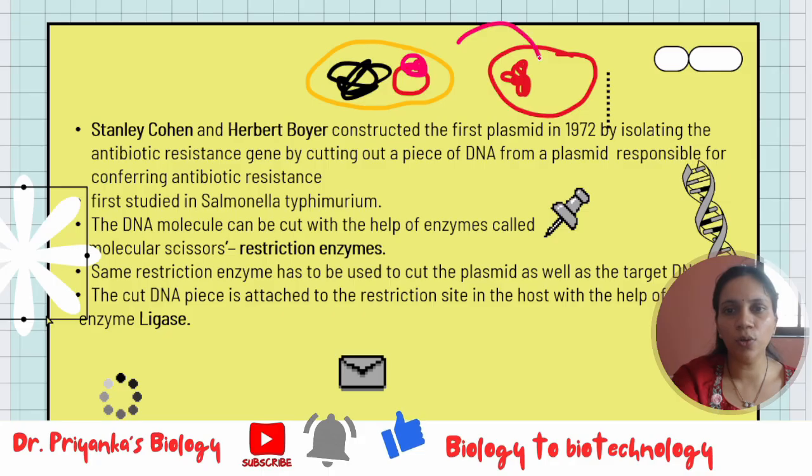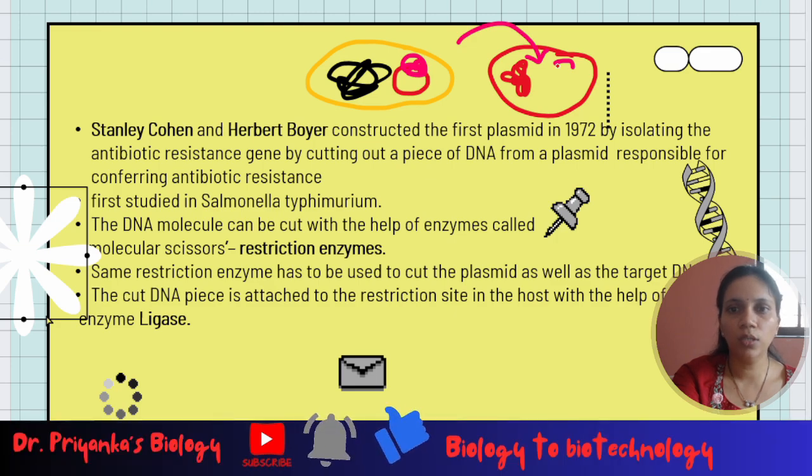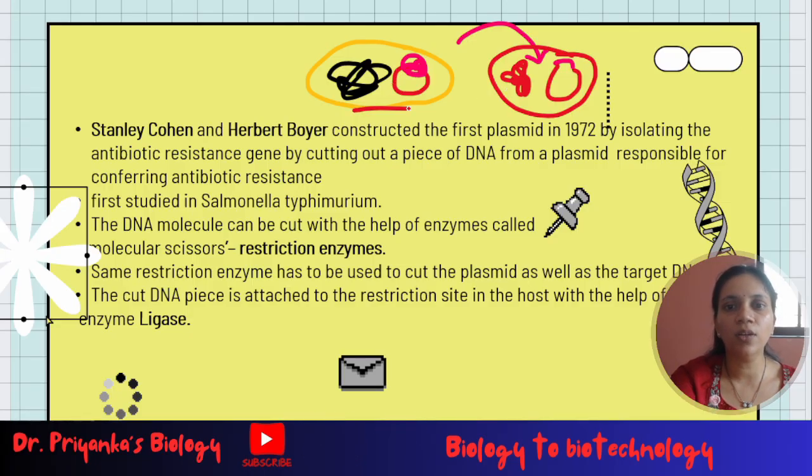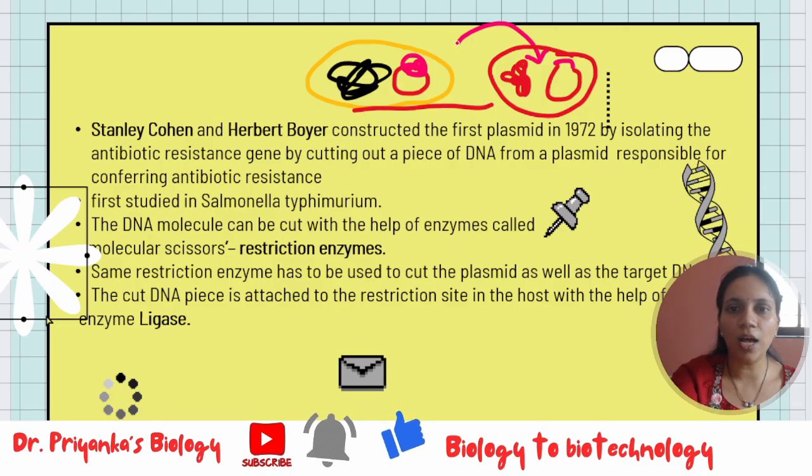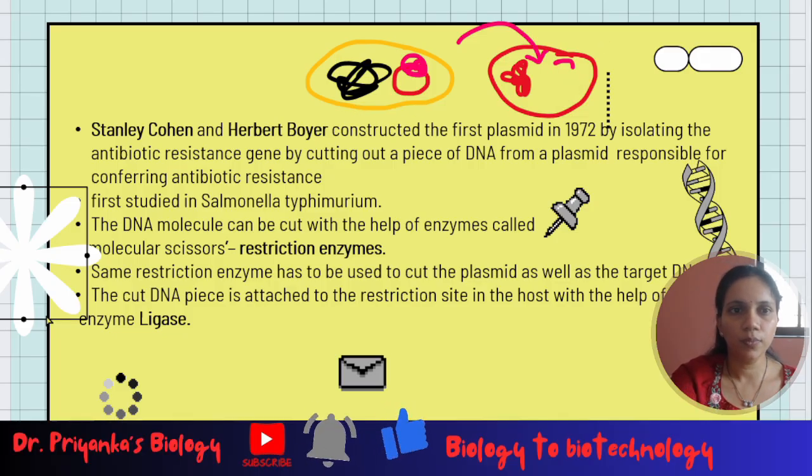We can introduce this entire plasmid into a new bacterium. This is called transformation. We'll talk about it later. What I'm trying to explain is why we can call it a vehicle. This plasmid will take this piece of DNA into the new bacterium. That is the role of plasmid.